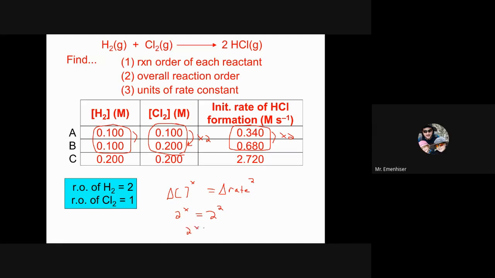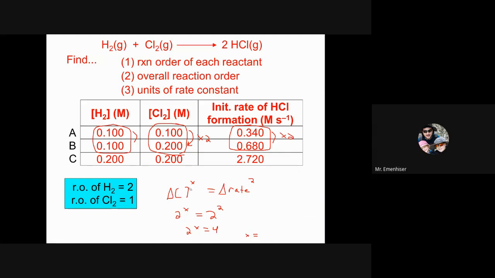2 raised to the x is equal to 4. So x must be, wait, this is right to the 1. Let's see.